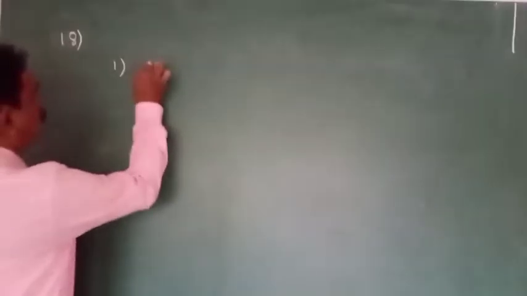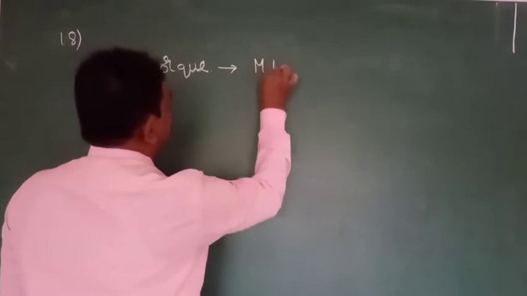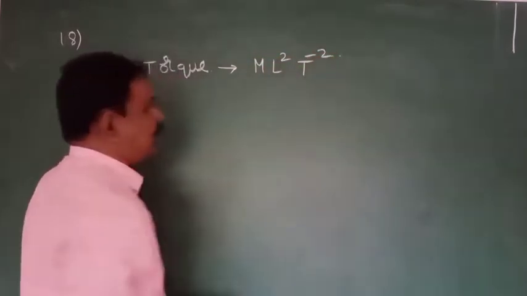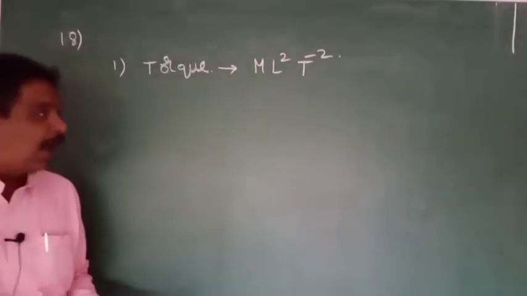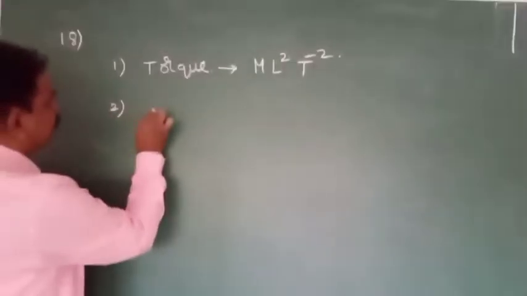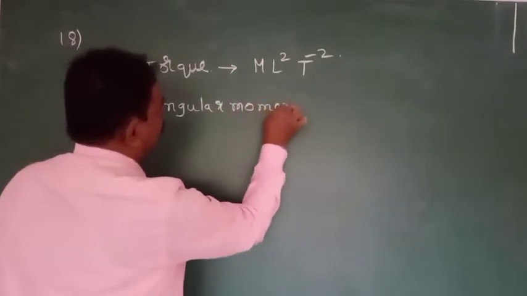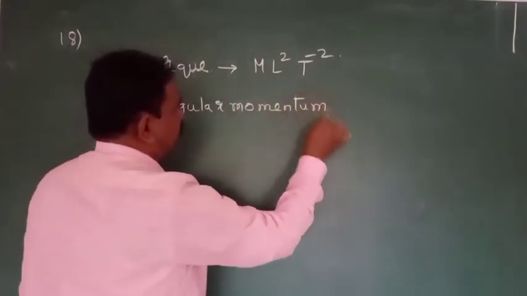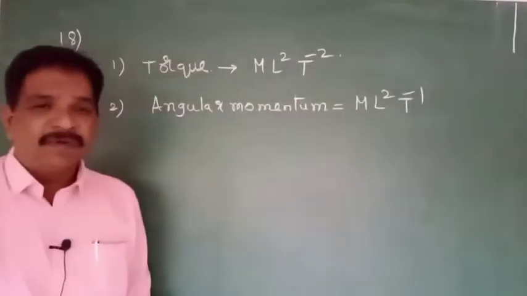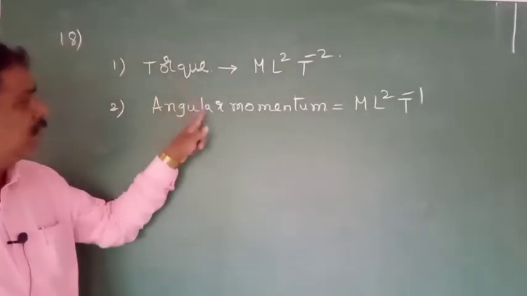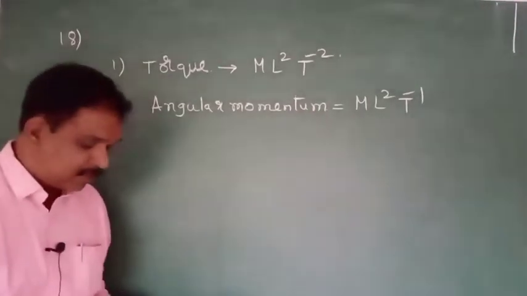Torque: its dimensional formula will be M L square T power minus 2. Angular momentum, second one: its dimensional formula will be M L square T power minus 1. Hope all of you are remembering all of this.